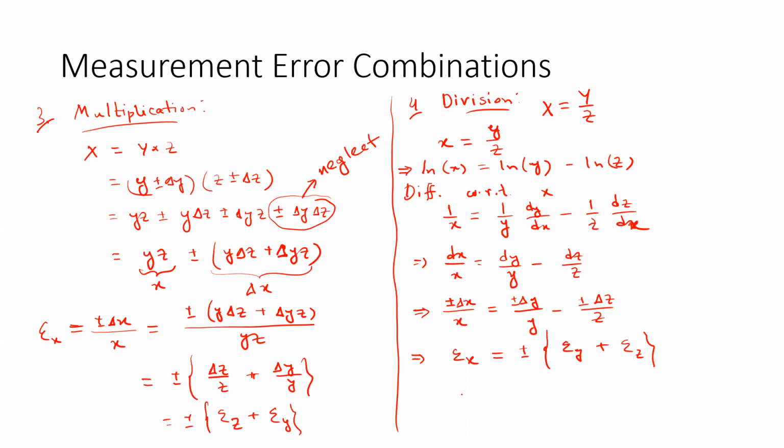So even if we have an expression like this, w into y by z, you can say that the overall relative error in X would be the summation of the relative errors present in w, y, and z together.